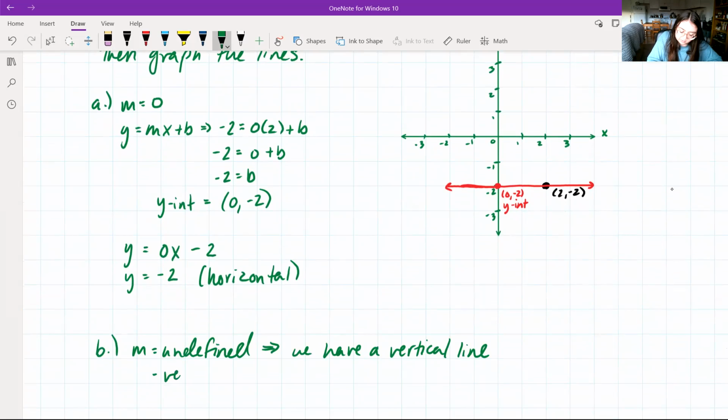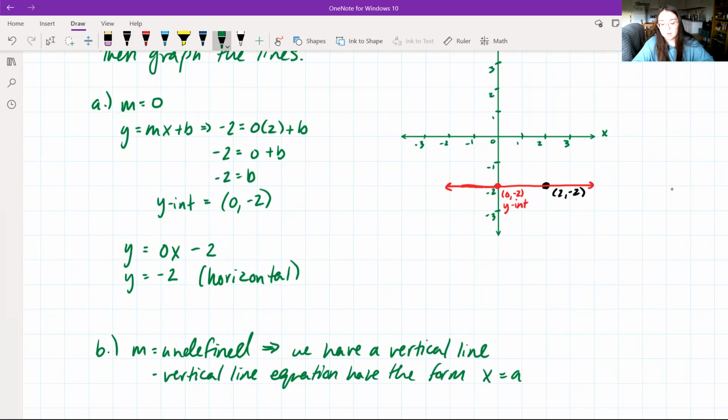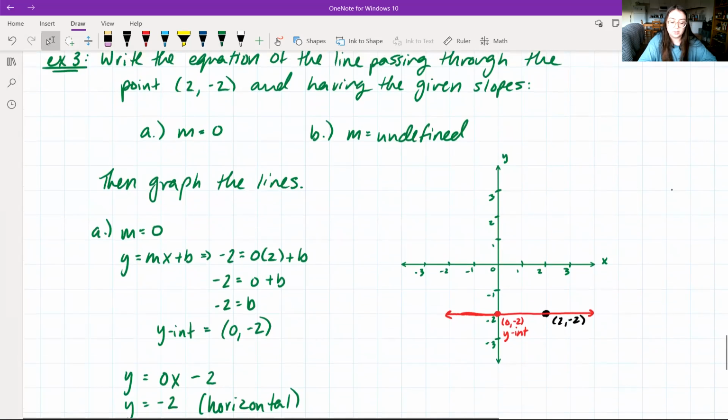Vertical line equations have the form x equals a, where in this case, our point that we were given, (2, -2), is in the same form as (a, b).